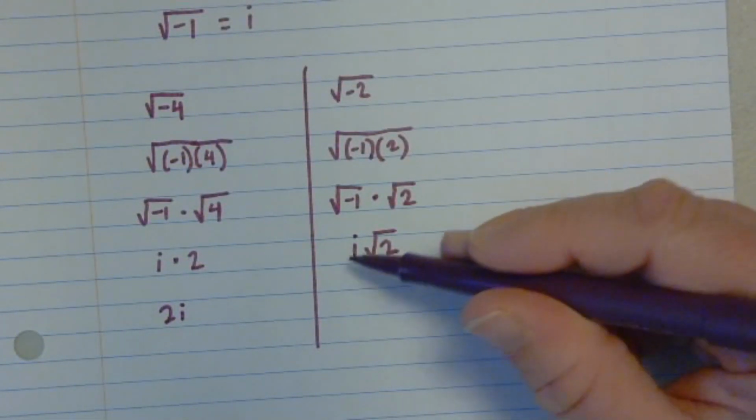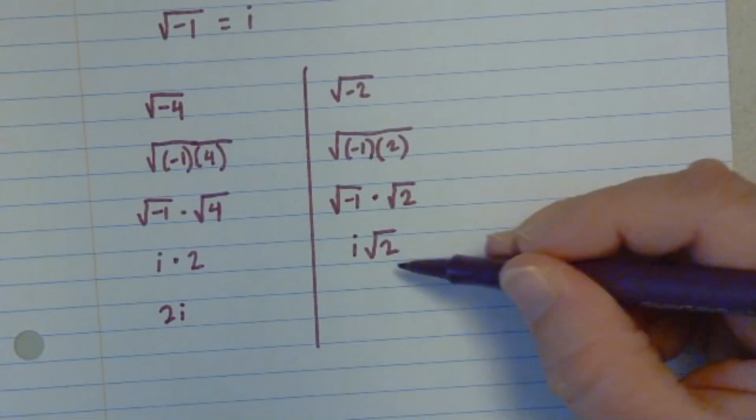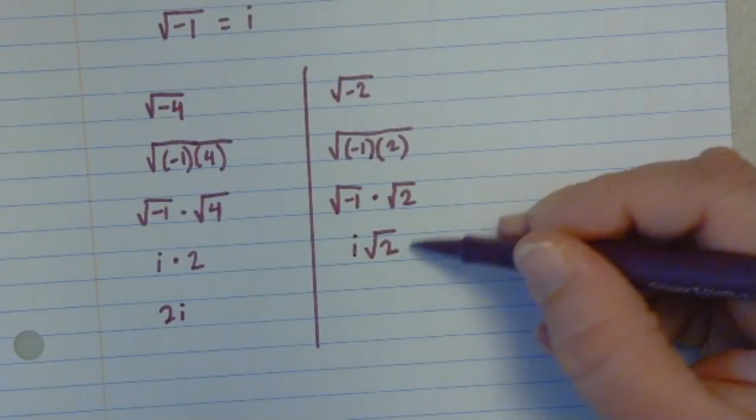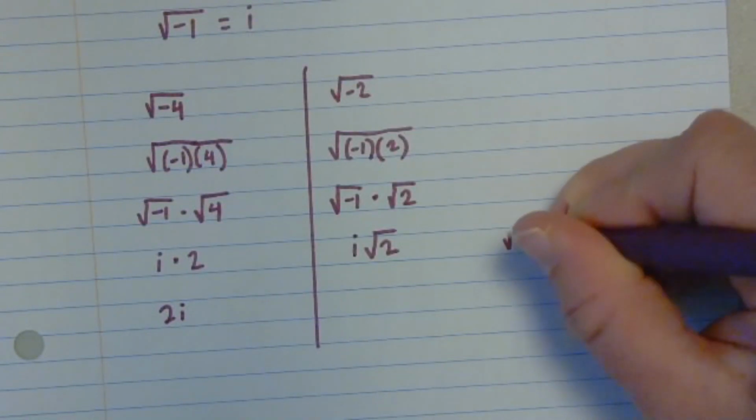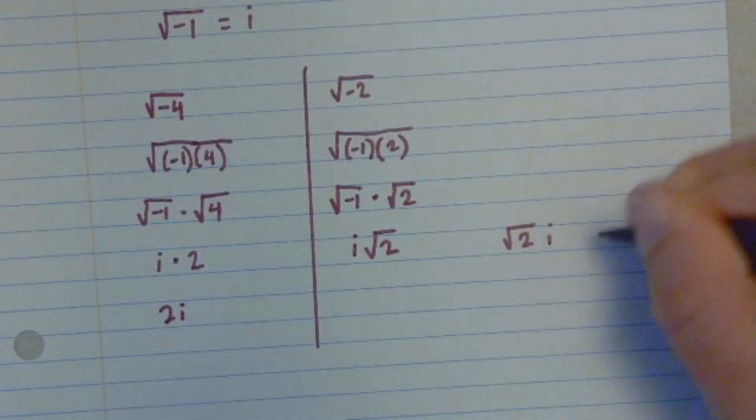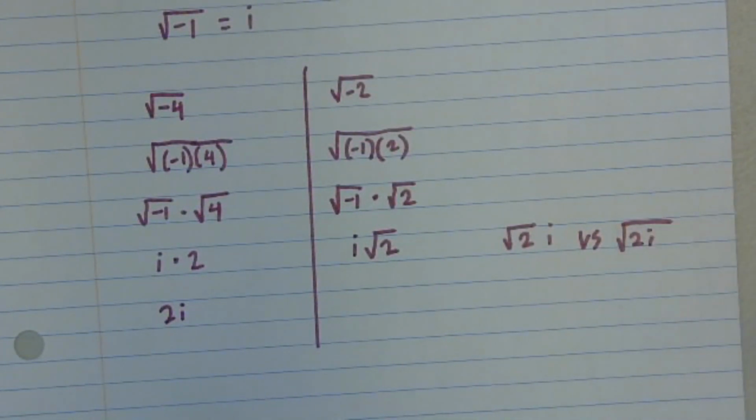And that's so it's easier to tell whether or not this is under the square root, because it's very easy with square roots, if I start writing stuff over here, for it to be really unclear if I've written 2i or if I've written 2i with the root over the i. And it matters, because that would be the square root of -1.